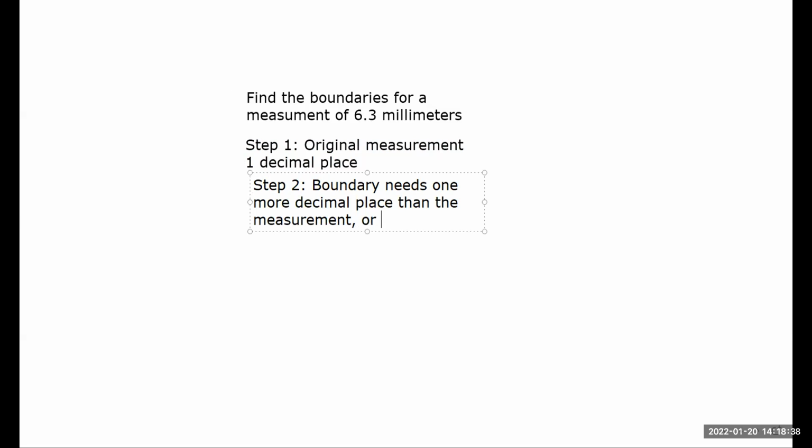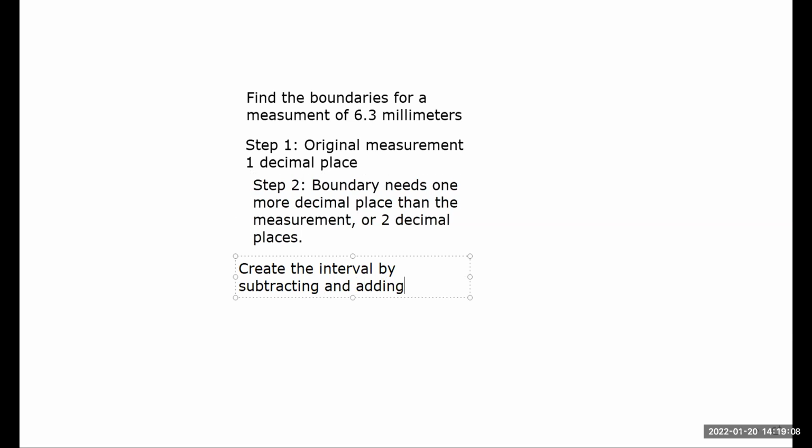So when we create the interval by subtracting and adding, now we need 2 decimal places.